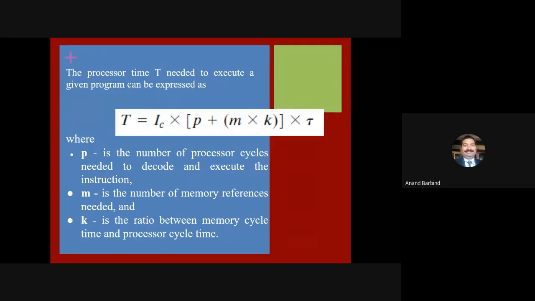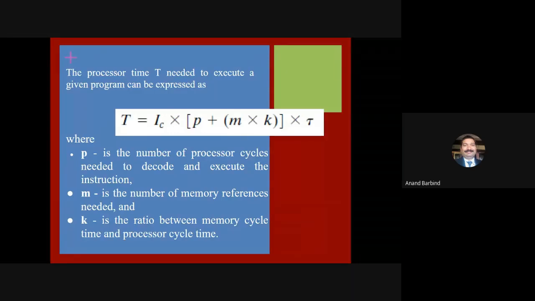Usually more time is required for performing external operations, the operations that are related to memory, whereas K is the ratio between the memory cycle time and the processor cycle time. So that is how many instructions are of the memory type and how many instructions are to be executed inside the processor.